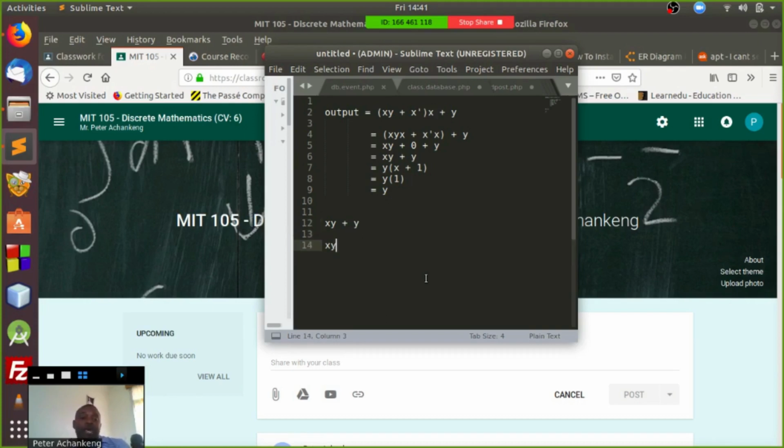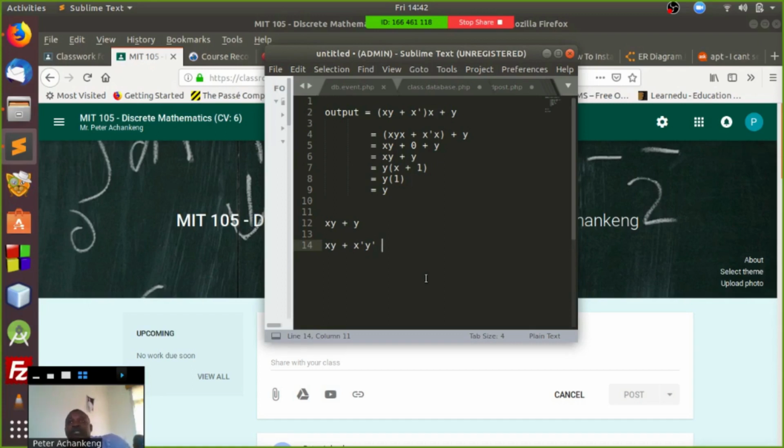Now if I did xy plus x prime y prime, for instance, and you write it down, you will see that that expression is in disjunctive normal form.